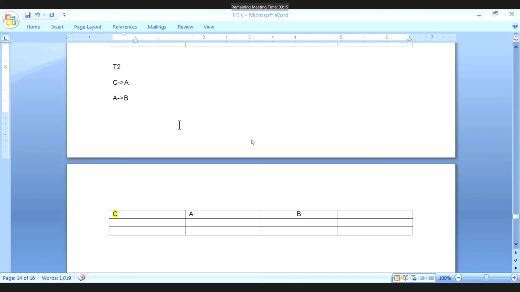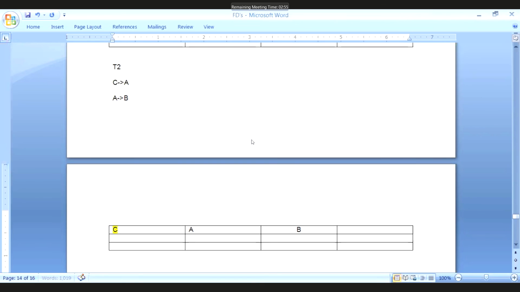No, ma'am. T2 is not in 3NF. Why is it not in 3NF? Because there is a non-key to non-key relationship. Hence, there will be an FD where a non-key will depend transitively on the candidate key.